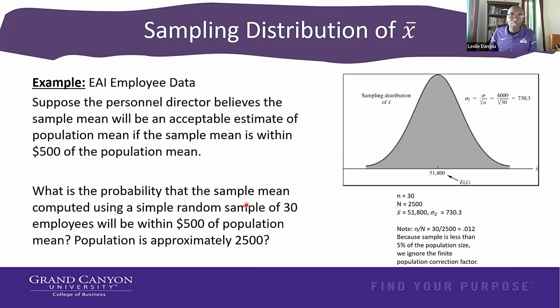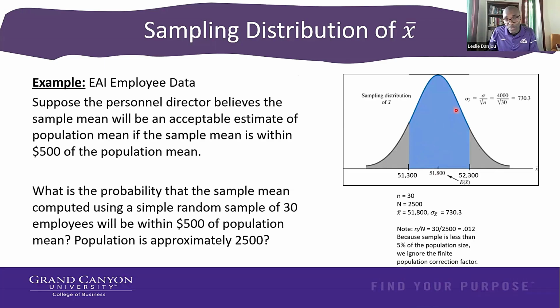Let's say we have this example right here, and the mean is this middle value, 5180. In your problems, you're going to get things like a within value, such as within 500. So you go from that mean minus 500, which will be your lower limit, to plus 500, which will be your upper limit.